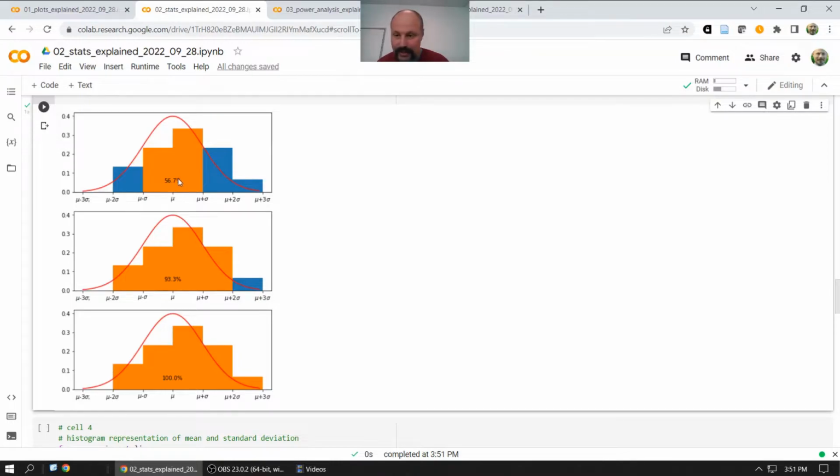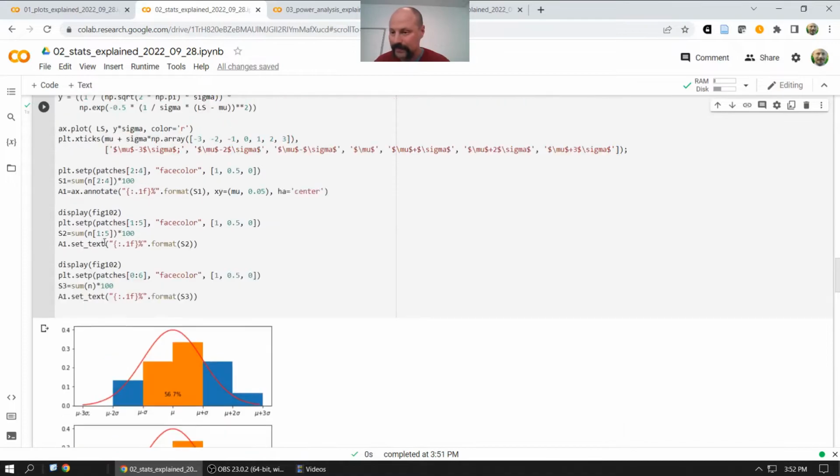About 60, 70 in the interval of plus minus sigma, much more, 90 something percent in extended range of 2 sigma, and in this case 100% of observations within the range of 3 sigma.